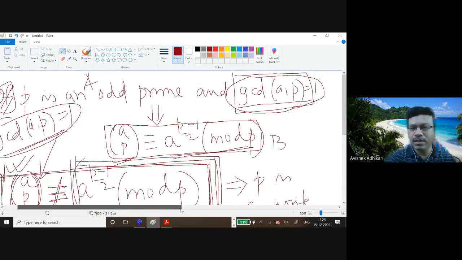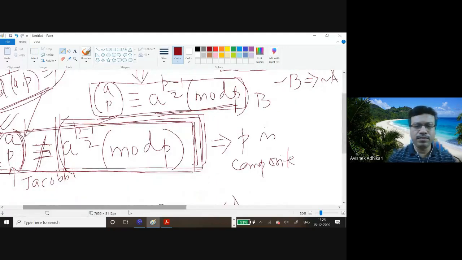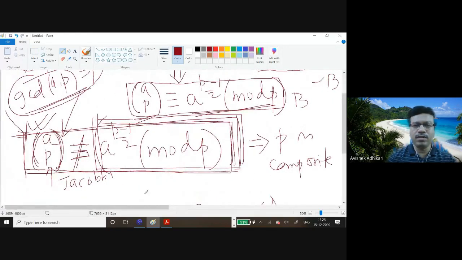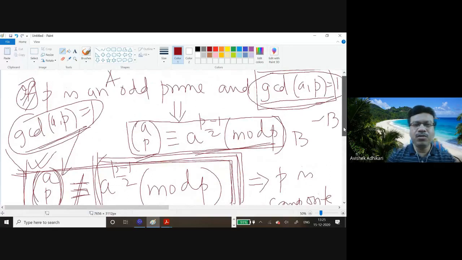Negation B should imply negation A. Negation B is nothing but not equal. And then what is negation A? Negation A is that P is not an odd prime.